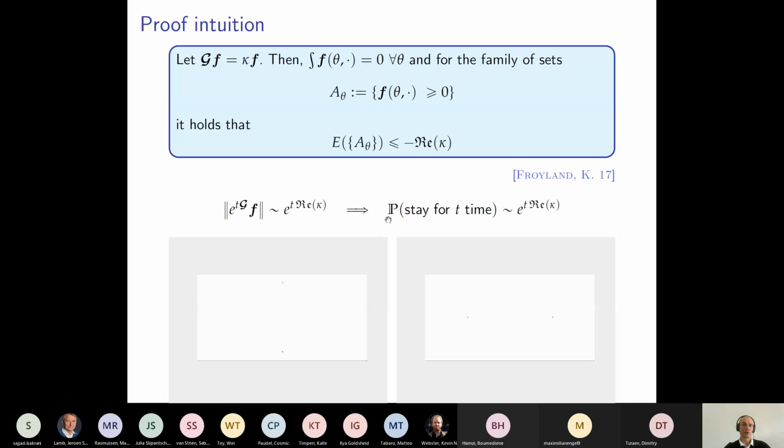And from this, we can move to making claims about the retention probability in the whole family of sets, to stay in the family of sets until time t. Let me show you just two movies where we start with some positive and negative mass.